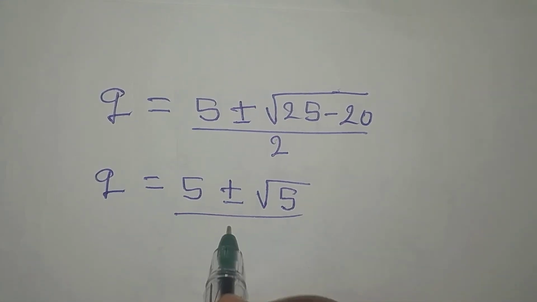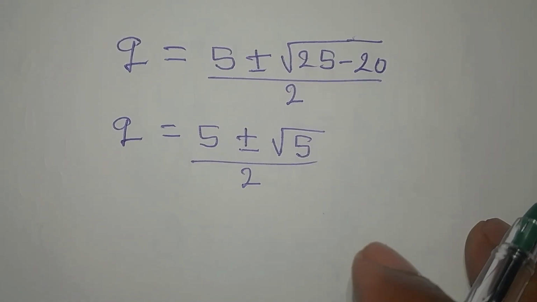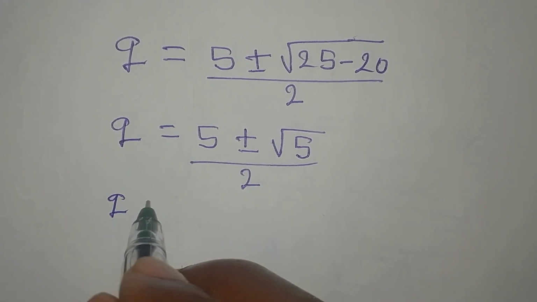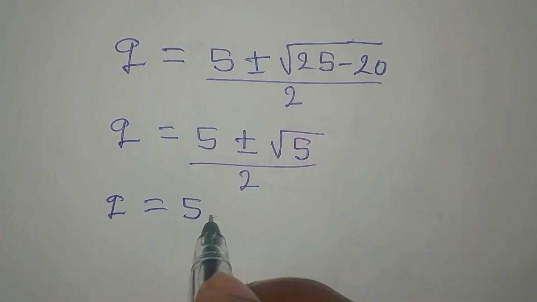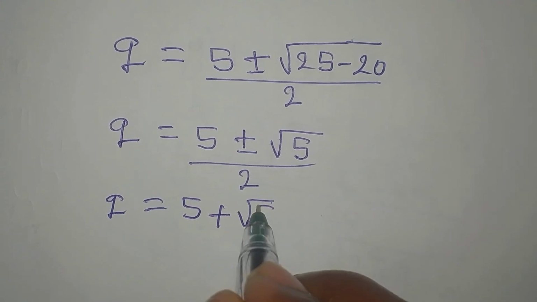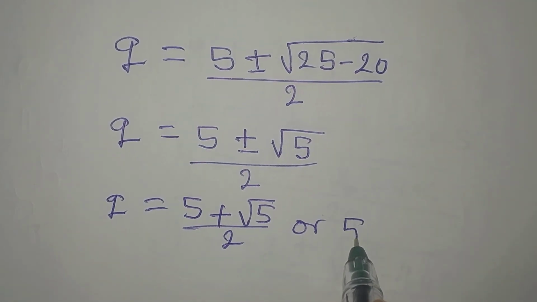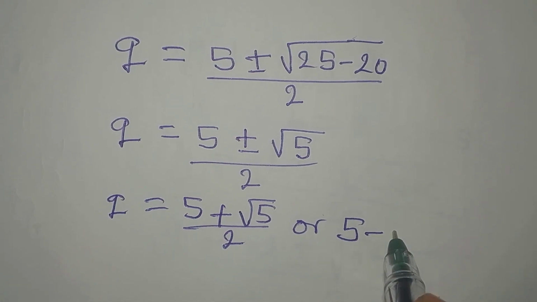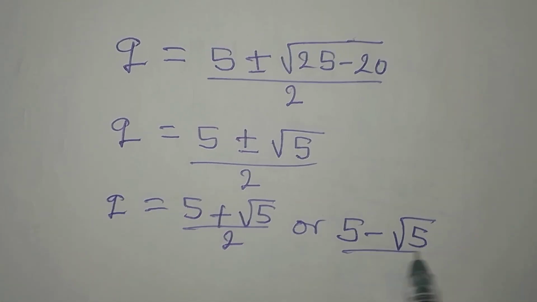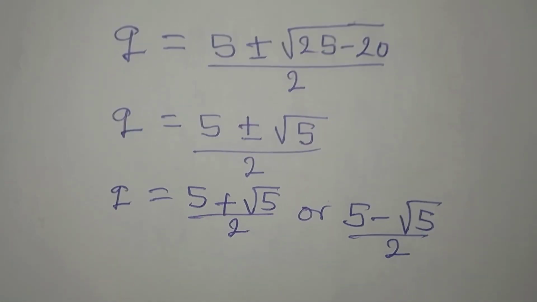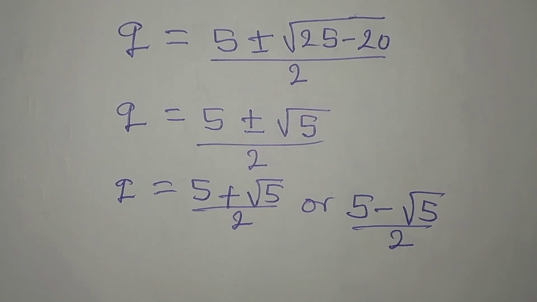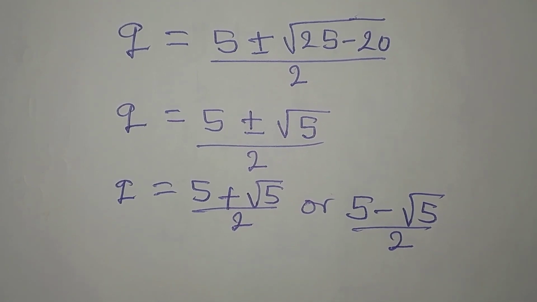So we divide this by 2. So if we go ahead, then Q is (5 + √5)/2, or (5 - √5)/2.